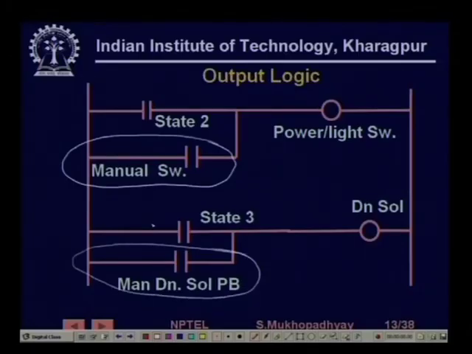Similarly, we can have a manual down push button. This is just to demonstrate that you can put in additional logic to include manual operation of the system. Otherwise, this program simply says that while you are in state 3, the down solenoid will have to be activated, very simple.